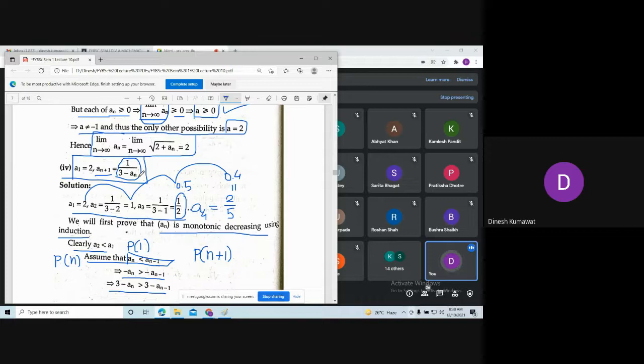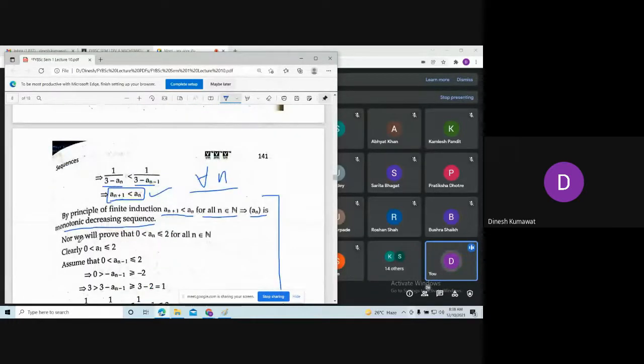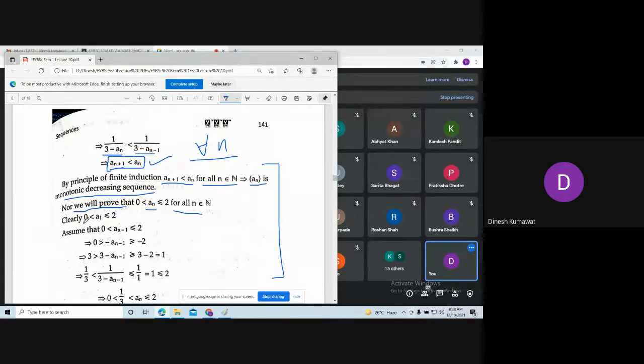Now let us try to get a concrete proof of what we are guessing. So now we will prove that an lies between 0 and 2 for all n. So again, clearly a1 lies between 0 and 2. In fact, it is 2. Now what are we doing over here? How are you going to show this result for all n?